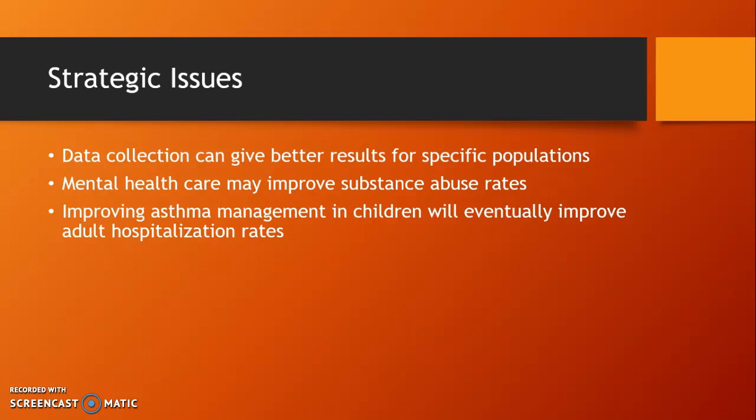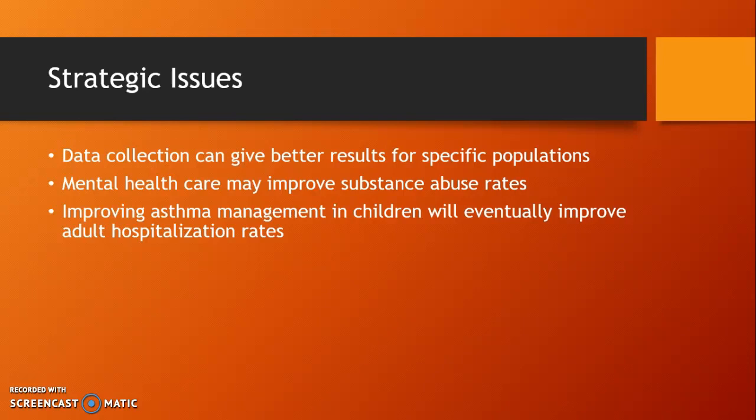But we found that improving asthma management in children can eventually improve the adult hospitalization rates for asthma. So we really should want to address the parent population with our program in order to improve the management.